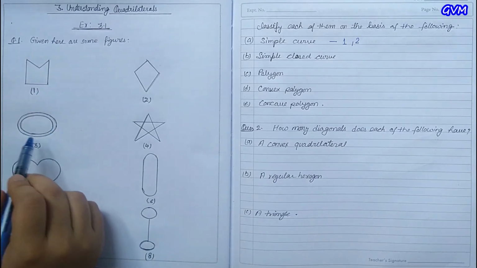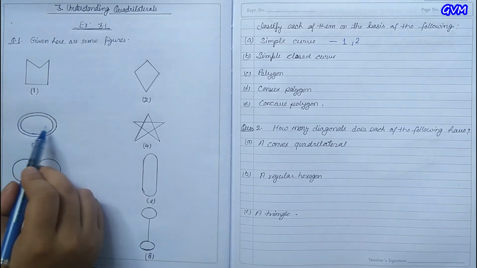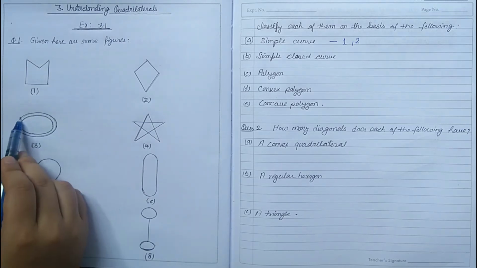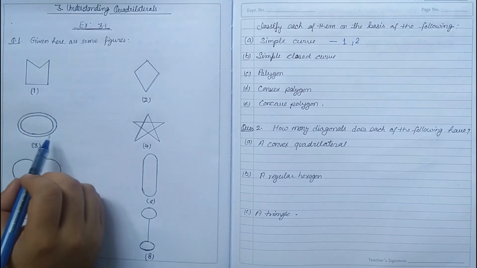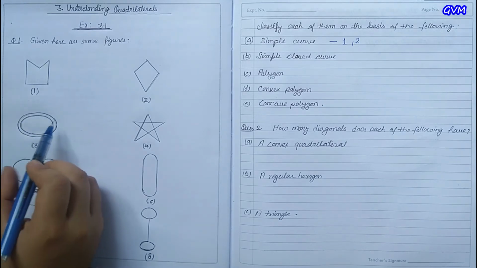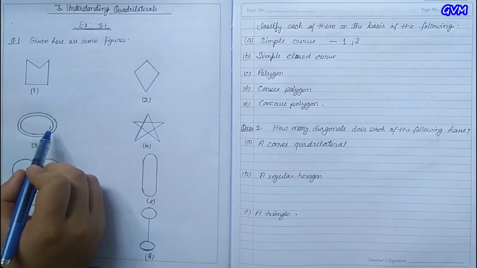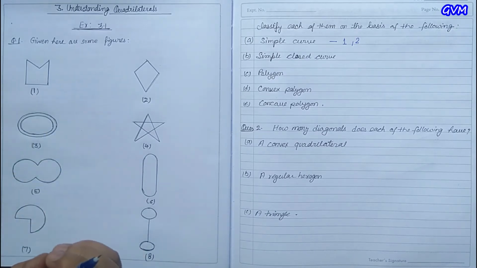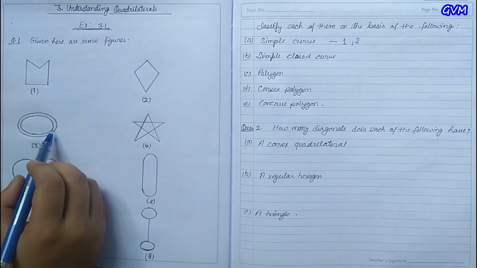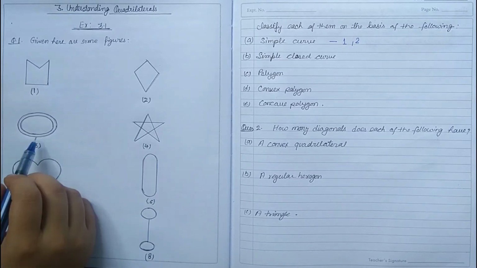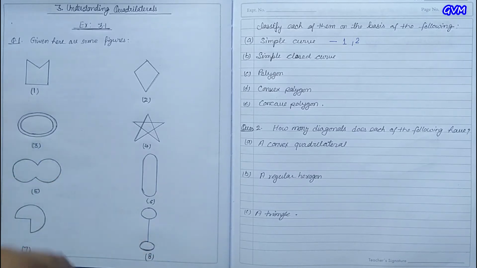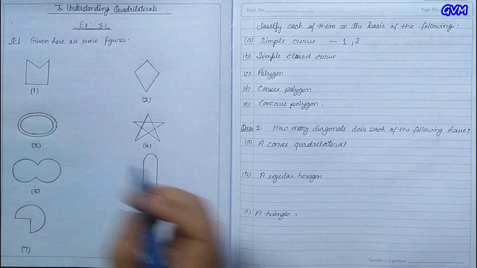In this figure we have two separate circles, one outer circle and then the inner circle. So this cannot be a simple curve because it is not joined at any point. A curve should be continuous and these two circles are not continuous, so this is not a simple curve.